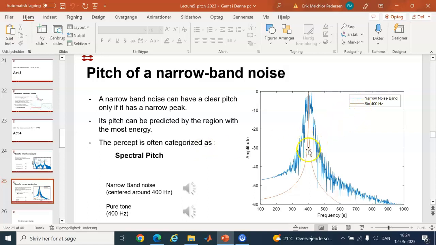Here the narrow blue one is a narrow noise band, and the red one is a sine at 400 Hz. Now we listen to the narrowband noise around 400 Hz. Again. And a pure tone. Okay, there are some differences.